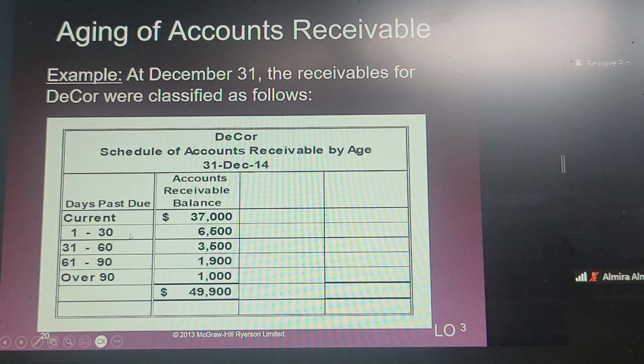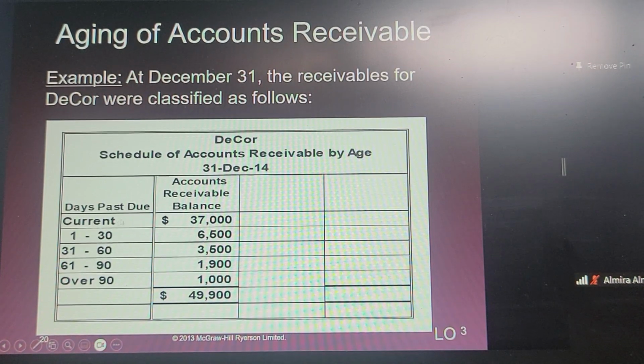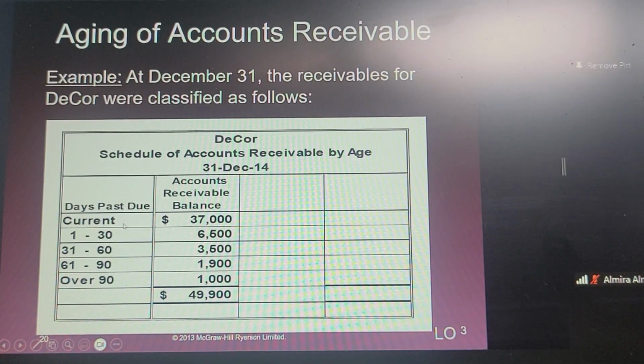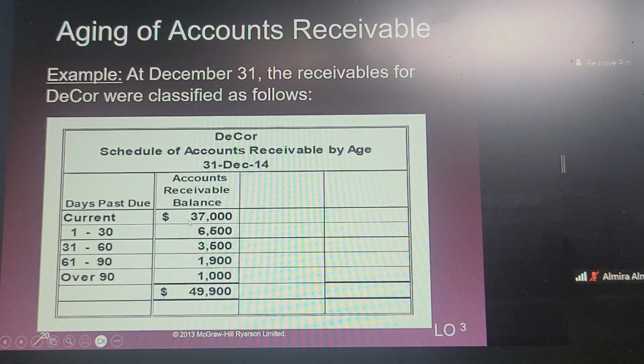This is an example. Let's look at it here. Receivables for the decor were classified as follows. So these are balances. The current accounts receivable, I counted them at 37,000. So these have no past due days.